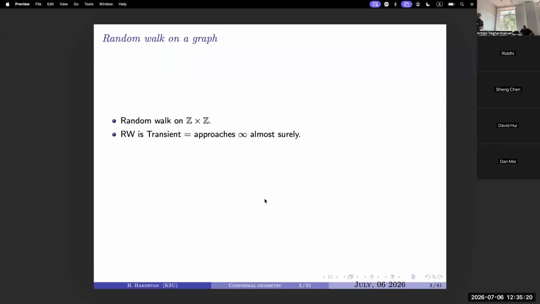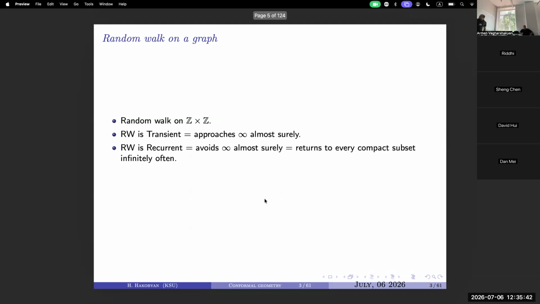When I say almost surely, it means the ones which don't approach infinity happen with zero probability.